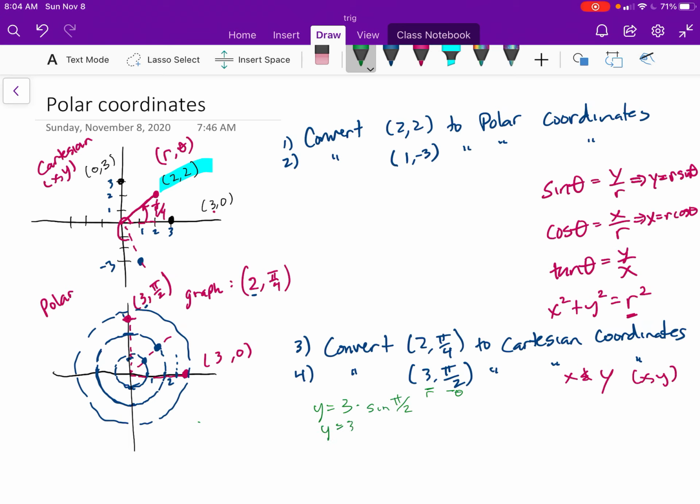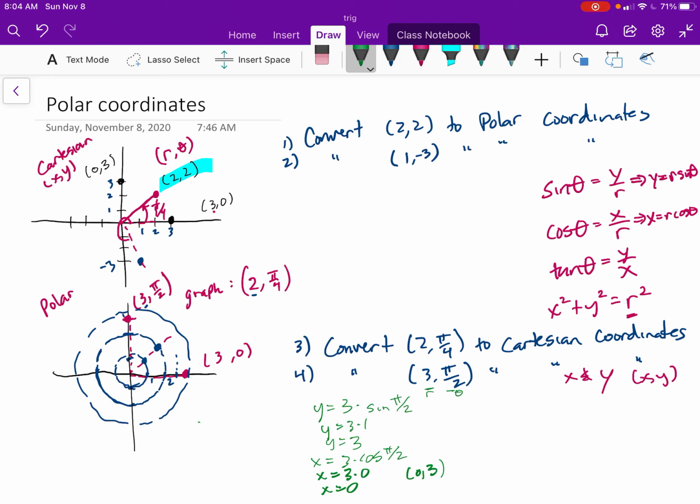So we get y equals 3 times 1, which is 3. Now x is r cosine theta, 3 times cosine pi over 2. Cosine of pi over 2, remember it's the x value, so at 90 degrees is 0, so 3 times 0, which is 0. So we do in fact get (0, 3).